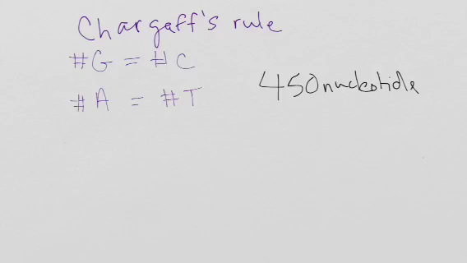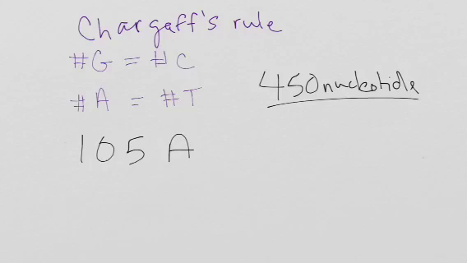Okay, and I told you that you had, let's say, 105 adenines. How many guanines, cytosines, and thymines would you have if you knew that you had 105 adenines and your total of nucleotides was 450?